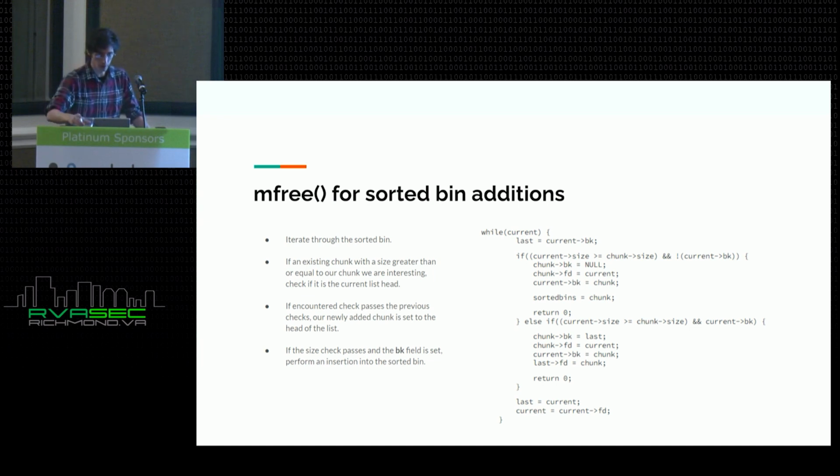All right, so this is a little bit more involved, but still not overly complex. This is the mfree implementation for sorted bin additions. Essentially we're going to iterate through that sorted bin, checking whether an existing chunk has a size greater than or equal to the chunk that we're inserting.